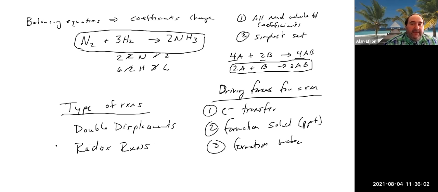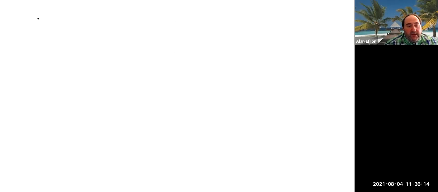We also talked about the idea that you could definitely classify the same reaction in multiple ways depending on what you're looking at. So under the double displacement banner of reactions, in general, the double displacement reaction is, again, AB plus CD.